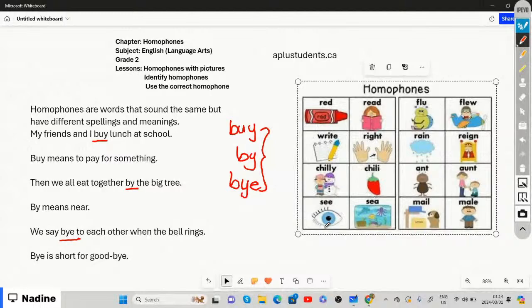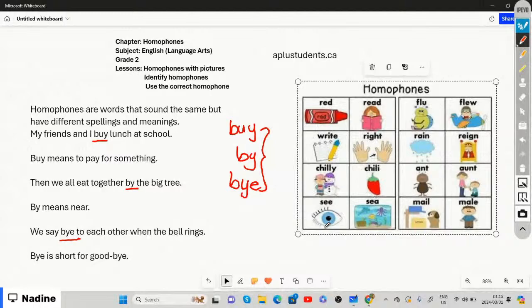And then we have the other chili, CHILI, which is a vegetable, the chili peppers that we put in the food, that is very hot, right? To make the food a bit spicy. So that is the other word, chili. Both of these words sound the same, but the meanings as well as the spellings are different.